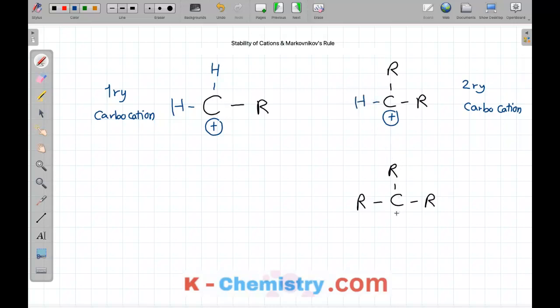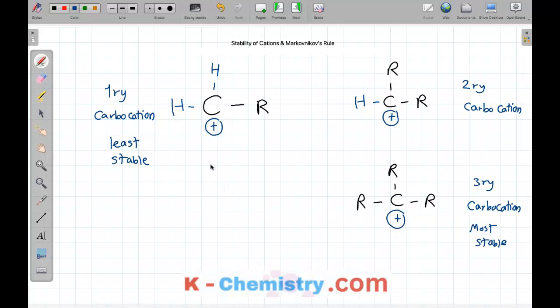But if there are no hydrogens and they are all alkyl, it is going to be the tertiary carbocation, and this is the most stable one. So the most stable is the tertiary carbocation. The second after it is the secondary carbocation, and the primary carbocation is the least stable one. I mean, when I'm speaking about stability, it is the intermediate.